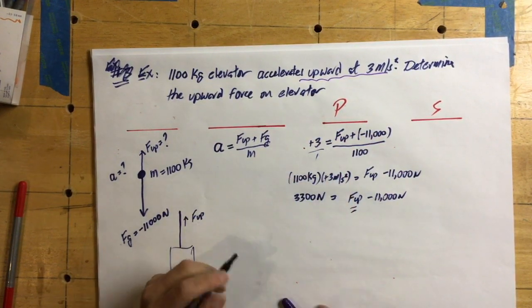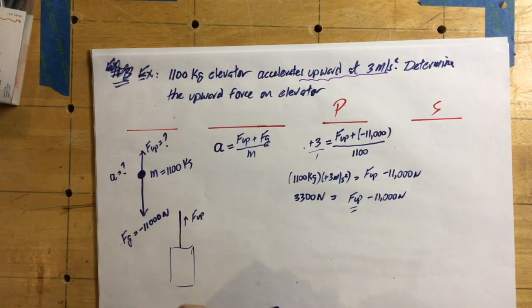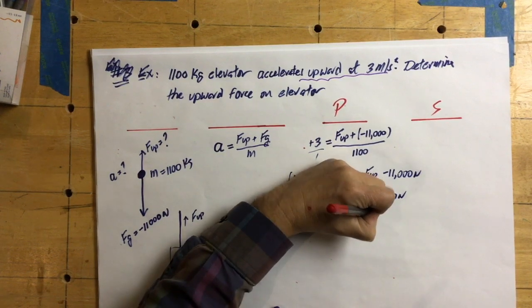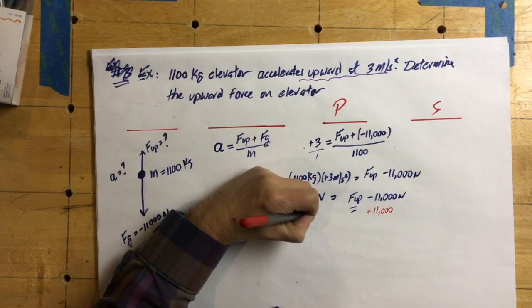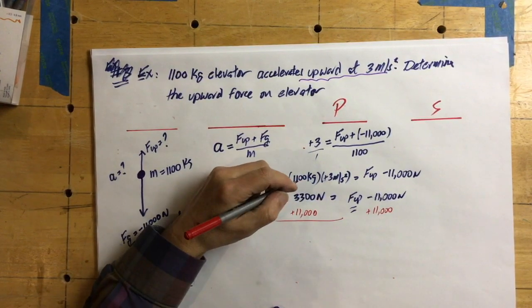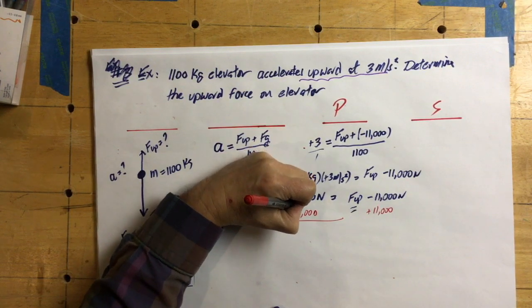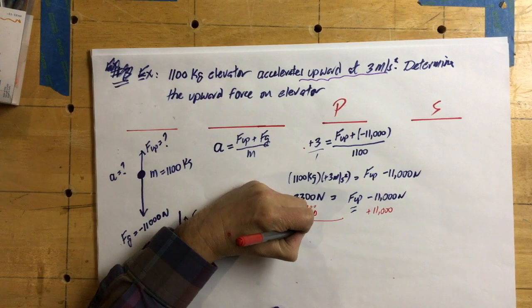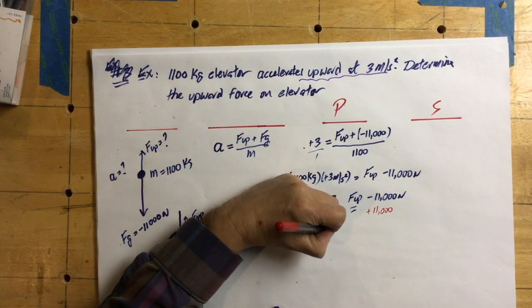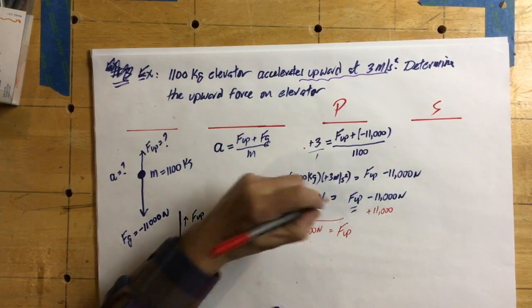Isolate the unknown. Add 11,000 to both sides. All right, and if we look at the math together here, now remember this is 3,300, so the 3,300 goes here. So we are 14,300 newtons is the size of the upward force.